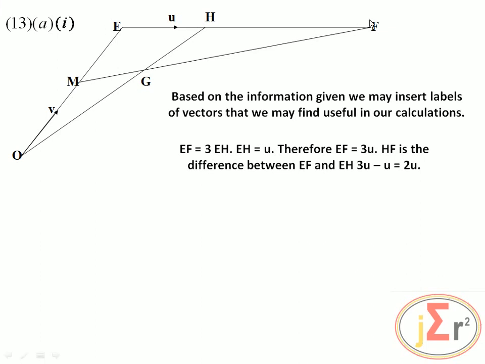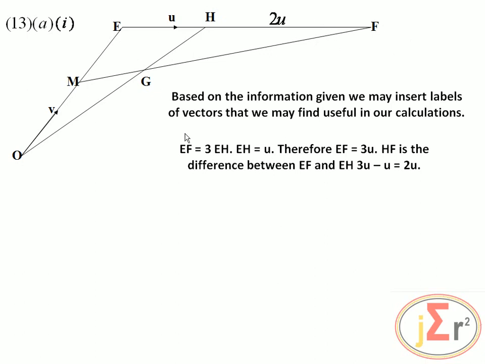If EF is 3 times EH, what do we know? EH is equal to U. Therefore, E to F is 3 times U. E to F is 3U. But one of the U is cut off right here, so we only have another 2 U's over there. So HF is 2U.